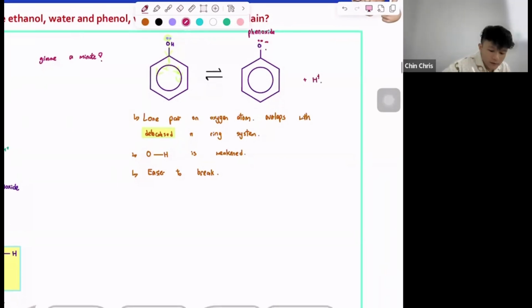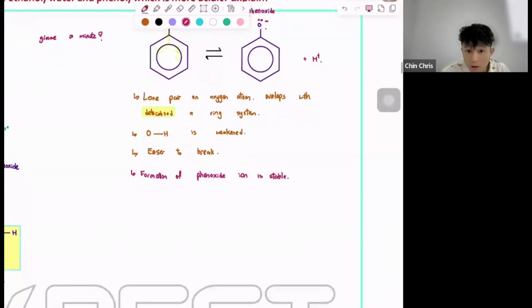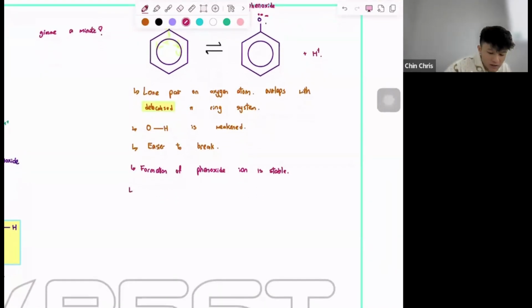Alright, guys, remember this. When a phenoxide ion is formed, it's very stable. You can mention that the formation of phenoxide ion is stable. Okay, what do you mean by stable? Because the charge density on your phenoxide ion is reduced, right?